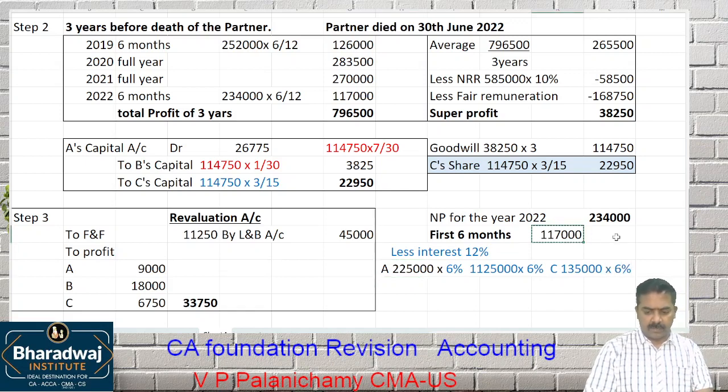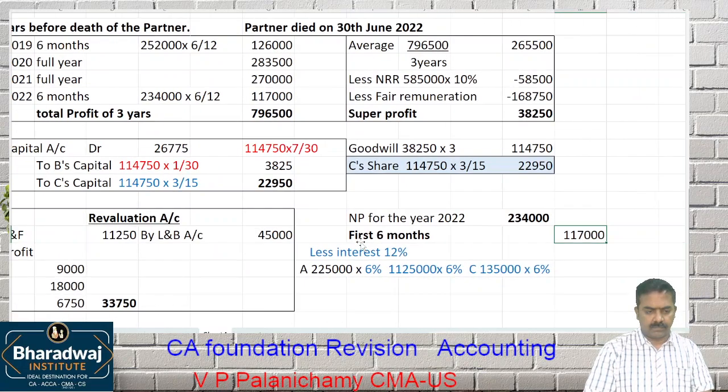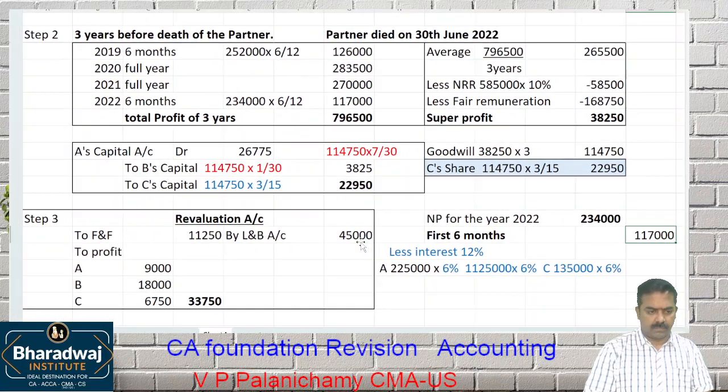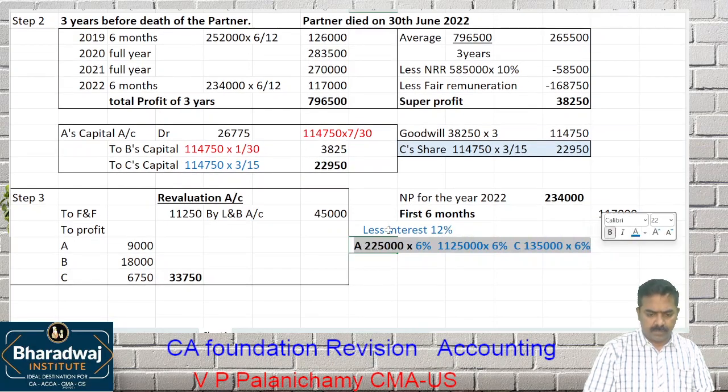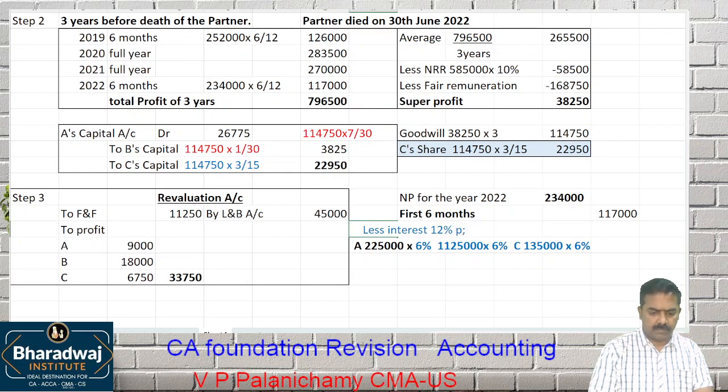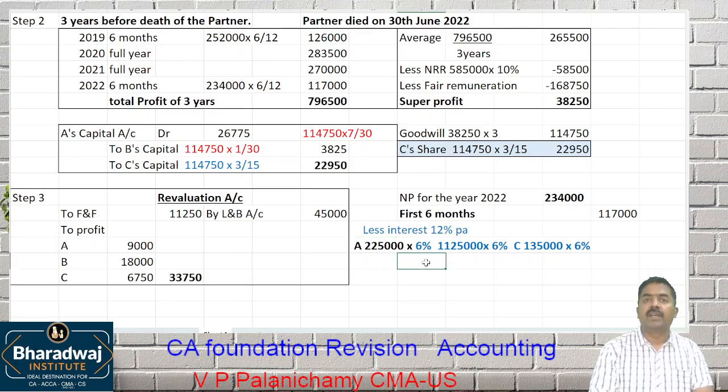Provide the interest on capital. How much? 12% per annum. What is the interest? A 13,500.